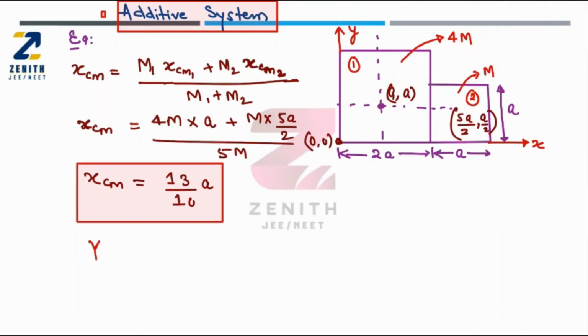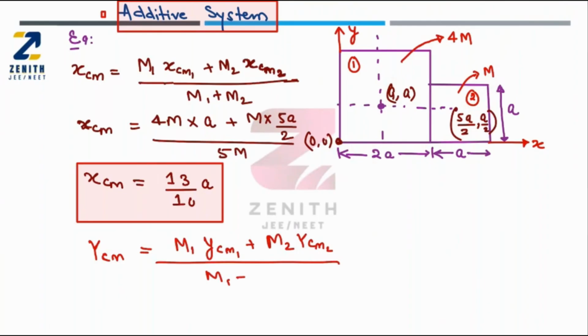Now if you want to calculate the y center of mass coordinate, so ycm, can I say m1 into ycm1 plus m2 ycm2 divided by m1 plus m2. What is the y coordinate? The y coordinate for the first body is a, and for the other it will be a by 2.